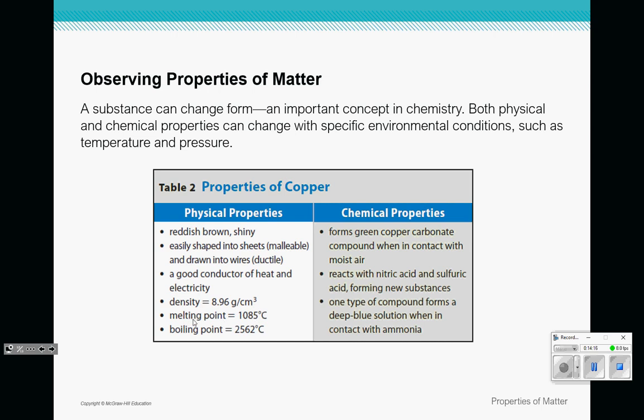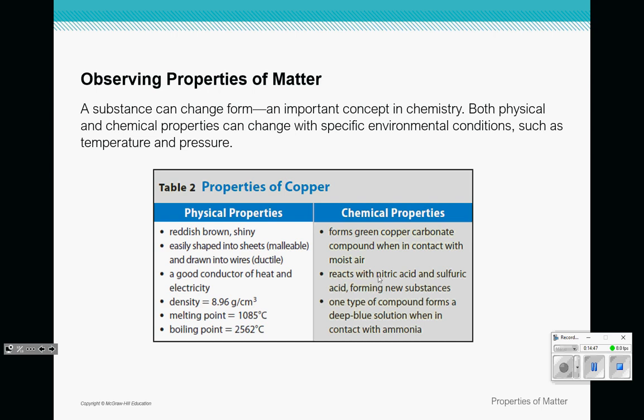And then how about compare that to the chemical properties? Yes, copper has chemical properties, but again, these are properties we can only observe after we've changed the composition of the copper. So we've turned it into something different. For instance, it forms green copper carbonate compound when in contact with moisture in the air.